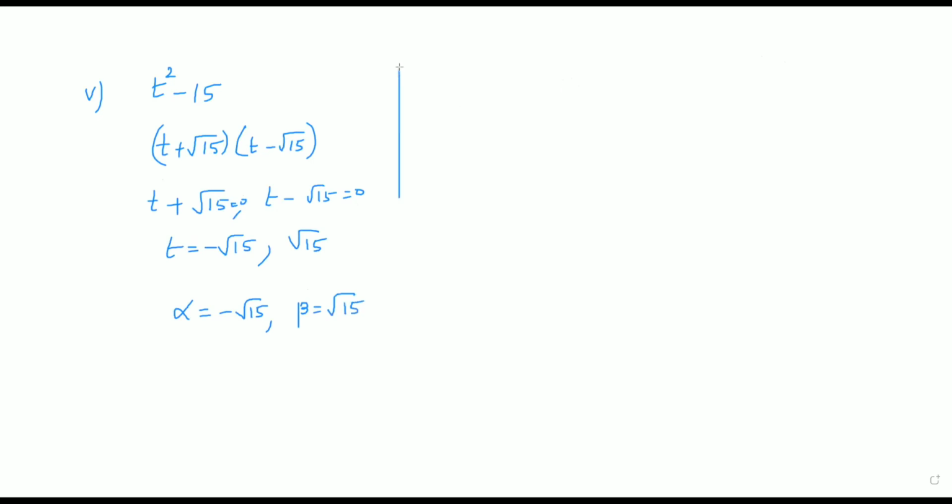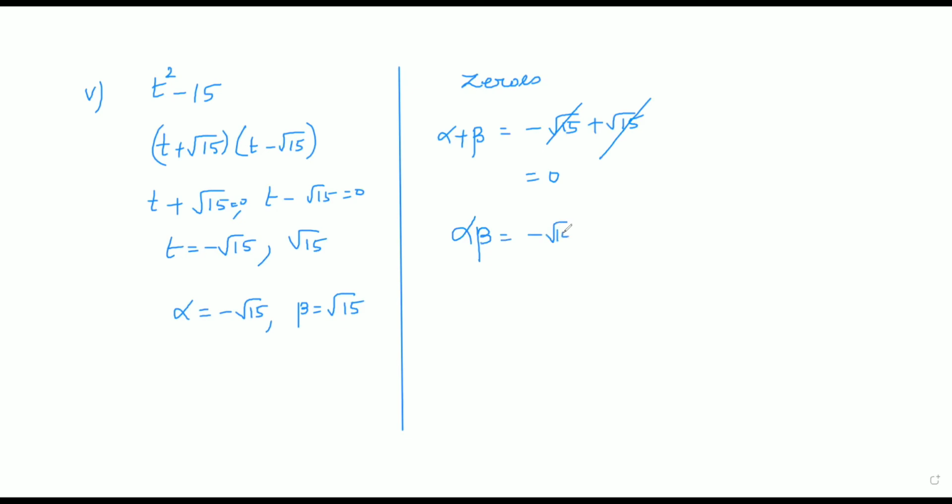Let's check the zeros. Verifying part we'll do now. So zeros is alpha plus beta. So minus root 15 plus root 15, it will get cancelled and you get 0. Alpha beta is minus root 15 into root 15, which is minus 15.